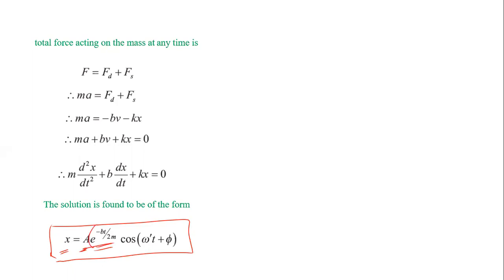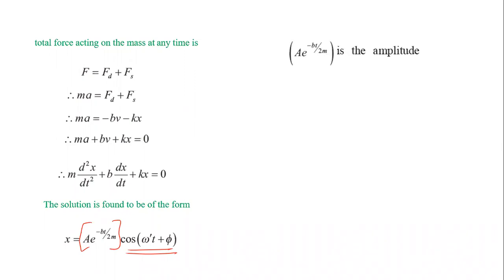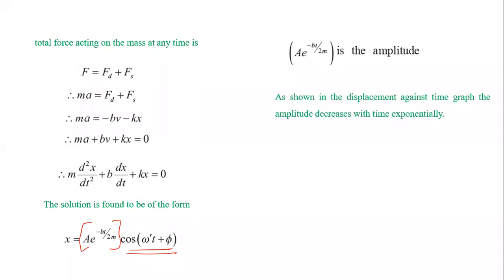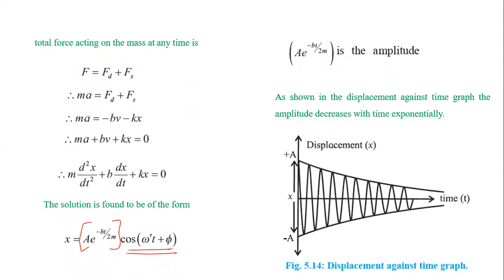So this basically is the total amplitude at any time instant t, and this is cos omega t plus phi. Here A e raised to minus bt by 2m is the amplitude. As shown in the displacement against time graph, the amplitude decreases exponentially with time.